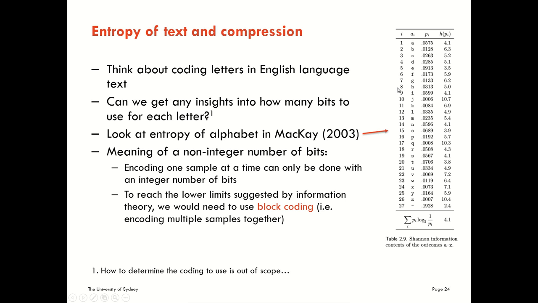The answer is that we encode our digits not just one digit at a time. If we do one digit at a time, well then yes, we have to use an integer number of bits, being the ceiling on these values. We can use block coding by encoding multiple samples together. So we could code a pair or 3 letters together, and that will allow us to save bits.